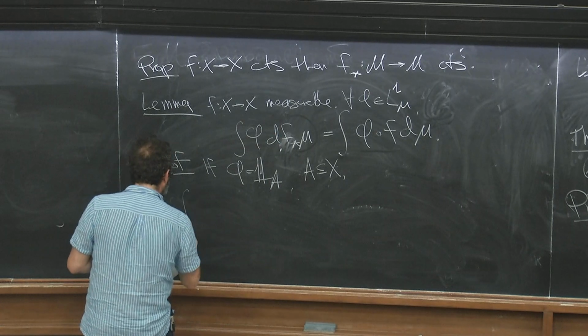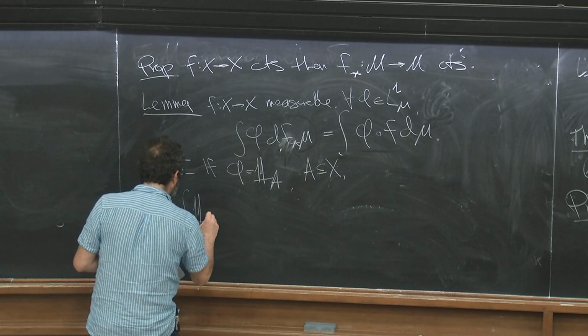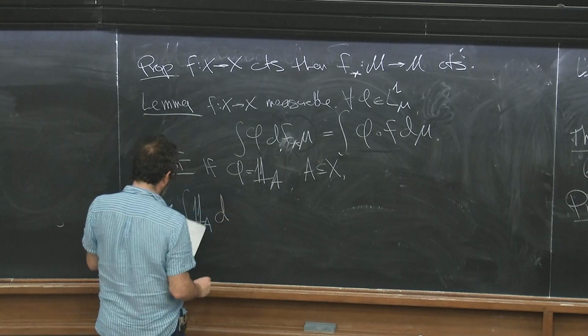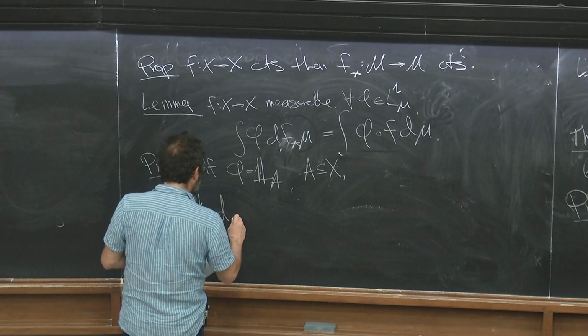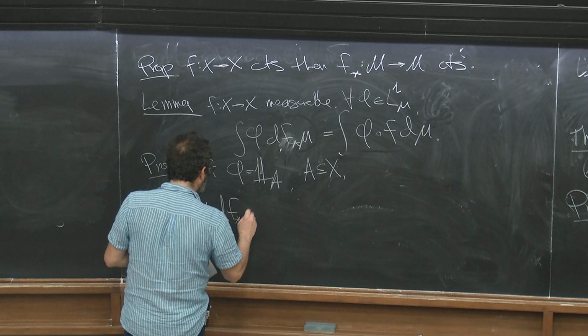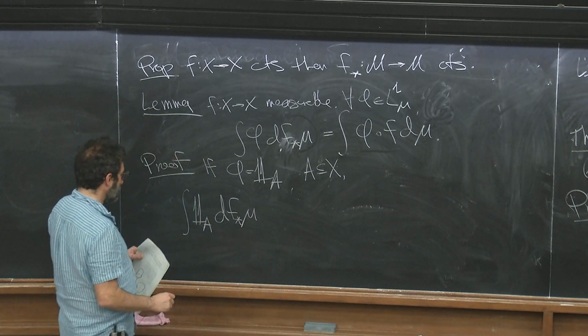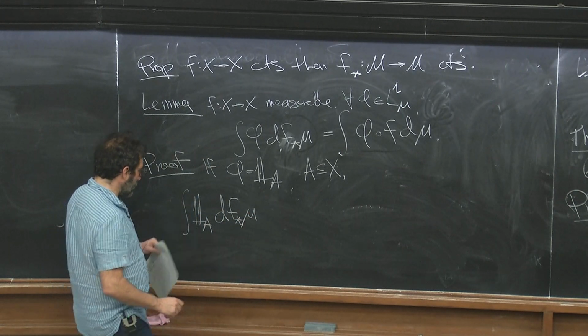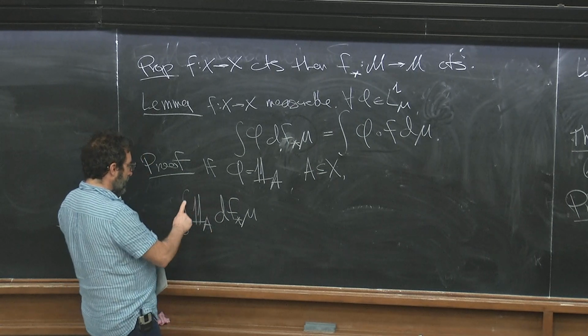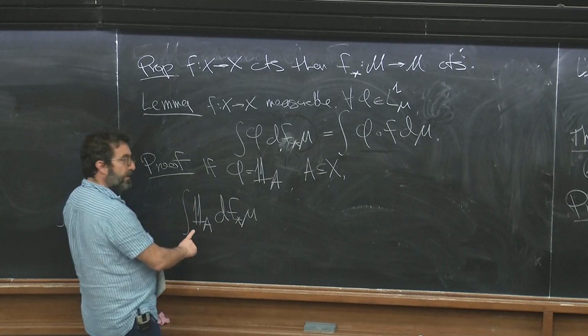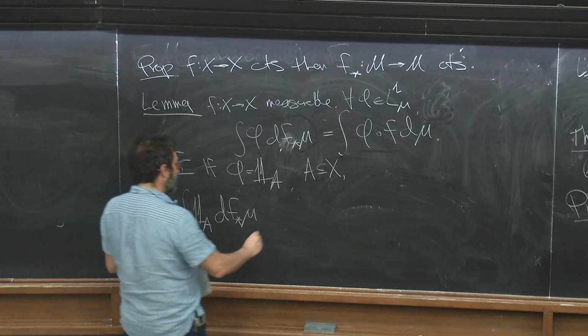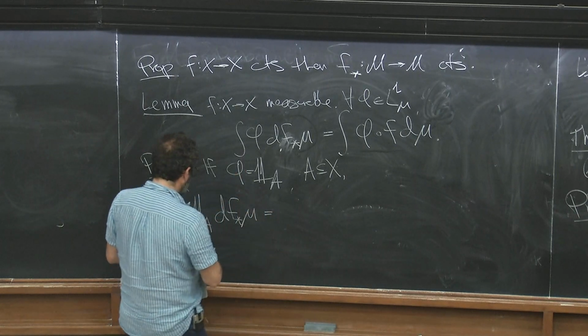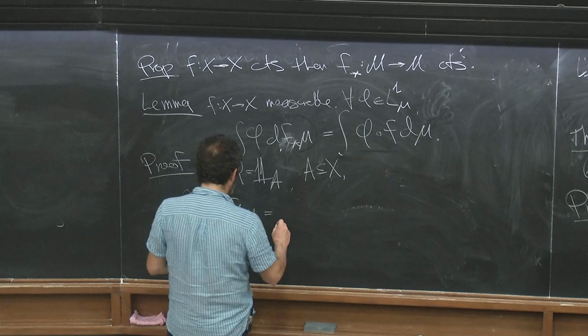This is the integral of the characteristic function of A with respect to the measure f star of mu. As you know, the Lebesgue integral of a characteristic function is just the measure of the set with respect to this measure, right?